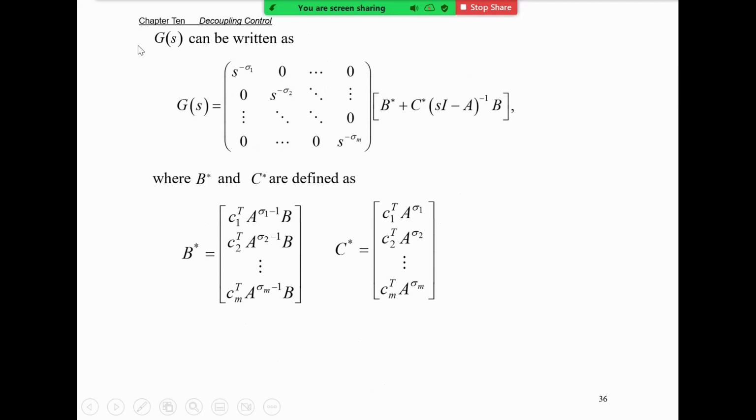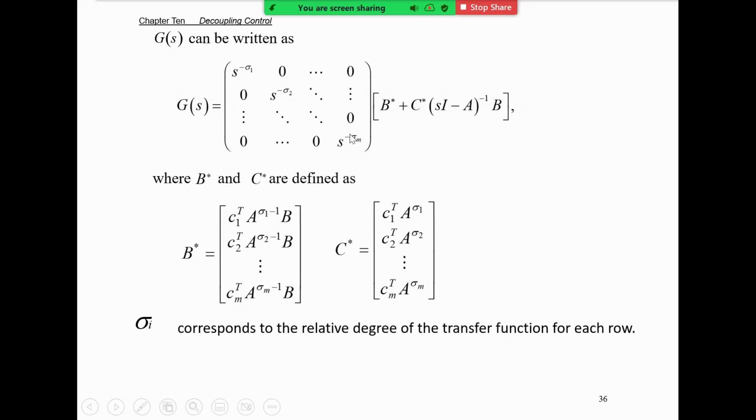This is just copied from the previous expression. But the point is that this open loop transfer function can be written in this form: a diagonal matrix times this one.